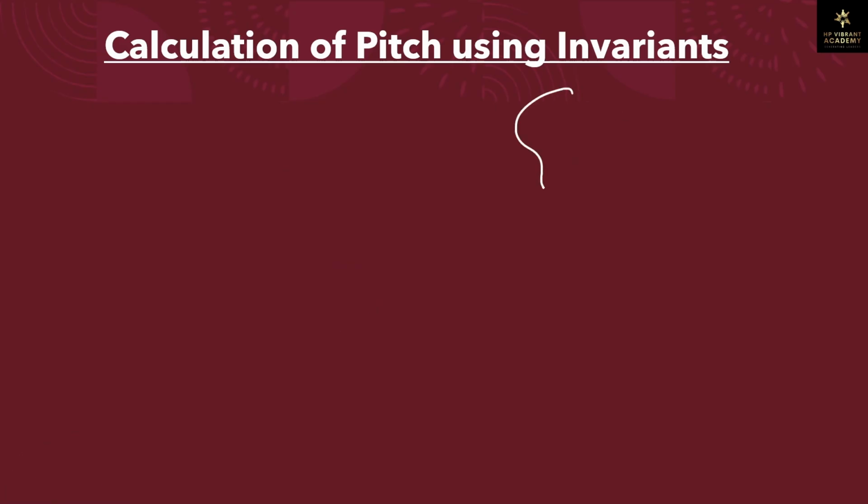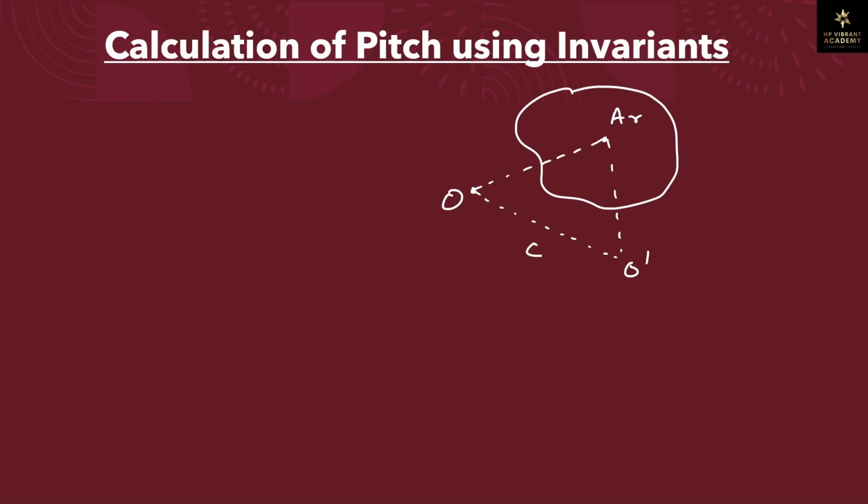Let us consider a rigid body with a random point A. This is our base point O, which got changed to O dash. Let us take this vector O dash as the C vector, and let us take this as the R vector and this vector as the B vector.